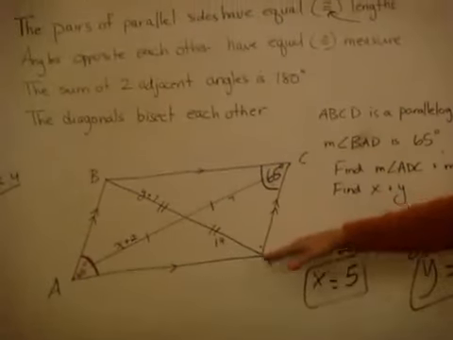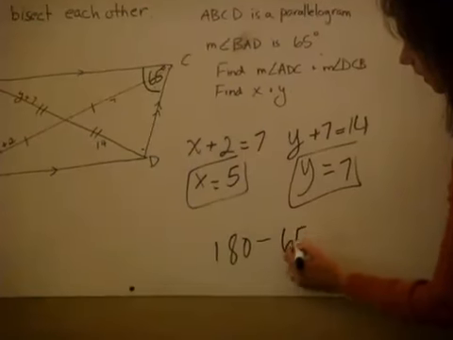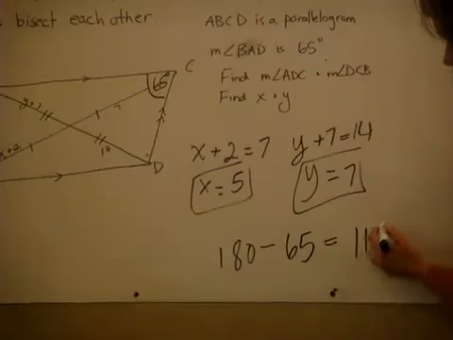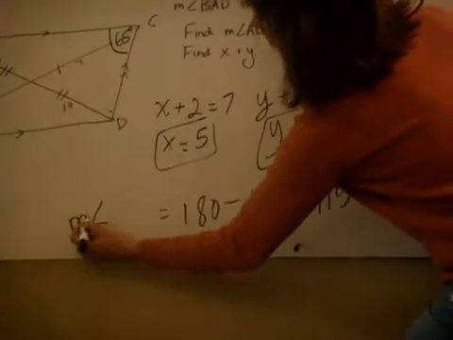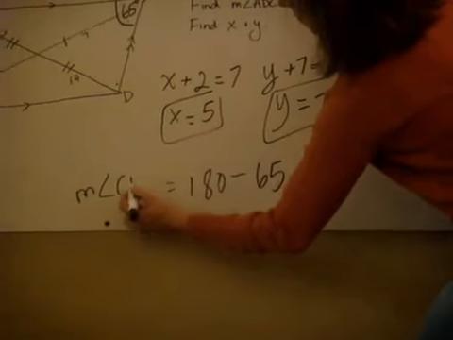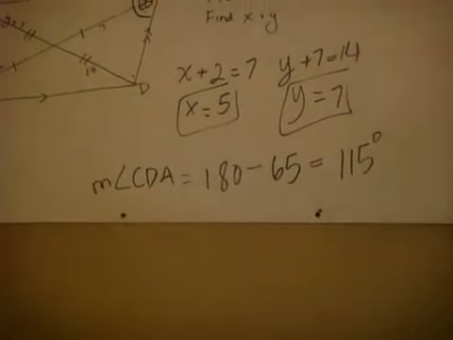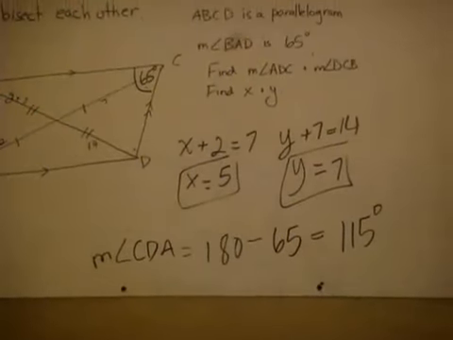So we take 180 minus 65 gives us 115 degrees, and that's the measure of angle CDA. So these are pretty easy. They're not difficult. Let's go to example 5.